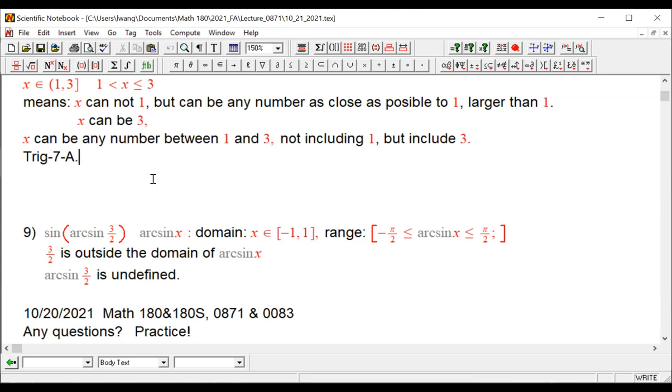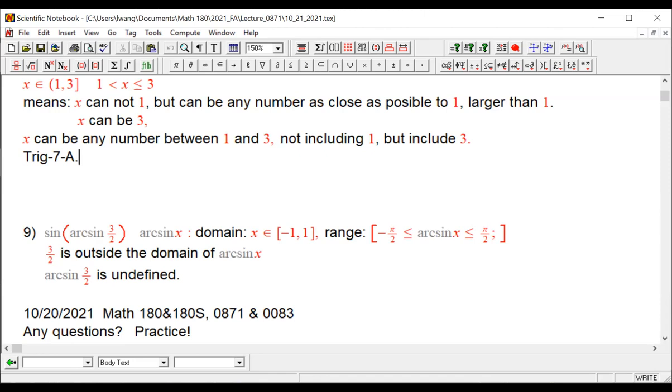So by the time we do 7A, we already have a lot of tools, right? ARD, DRA, domain, range. And on top of that, we also have the table on the top of 7A, right? Those nice properties, but a lot of them are conditional, right?